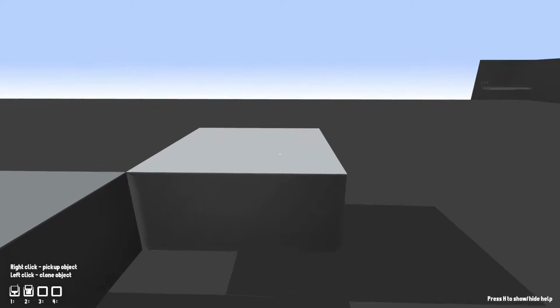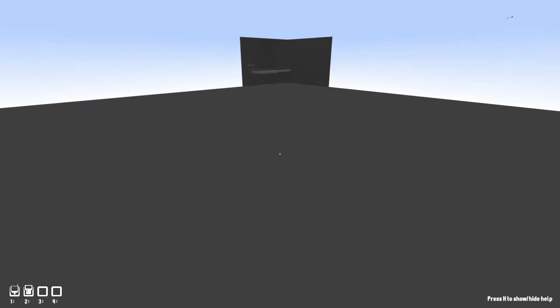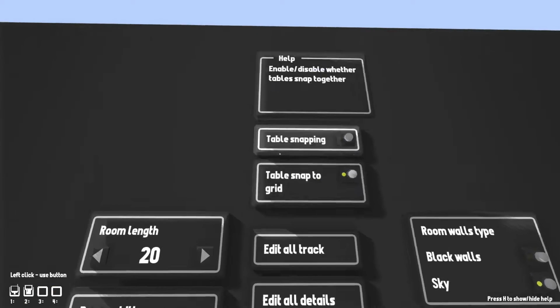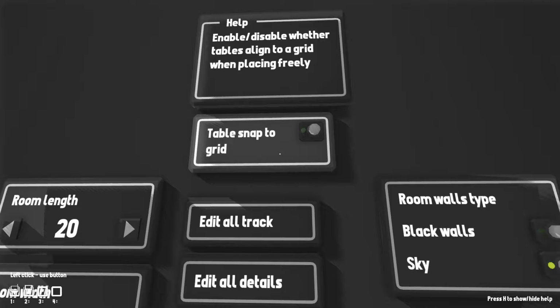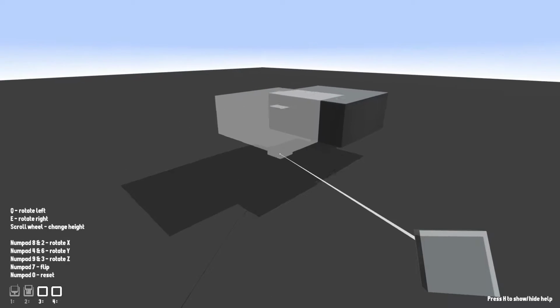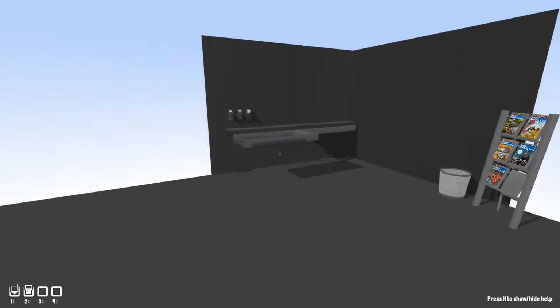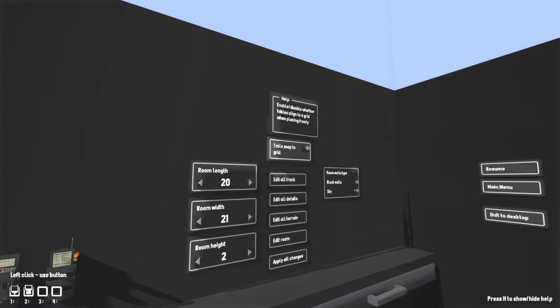So, like, what era? Like CNO era? What did you say? Yeah, my mic's pretty bad. I know. Like CNO era or modern? Modern? Yeah. Why don't these tables snap together?